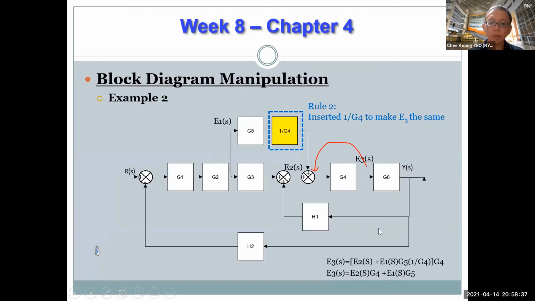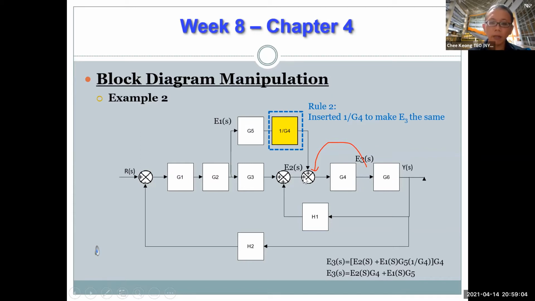Remember, when we move the summing node to the back of G4, we need to insert 1 over G4 to the path of G5. If we counter-check by writing the expression of E3, it is the same before and after the move. So basically, as I've said, you need to insert 1 over G4. Now with this, you can realize that G4 multiplied by G6 can be combined, right?